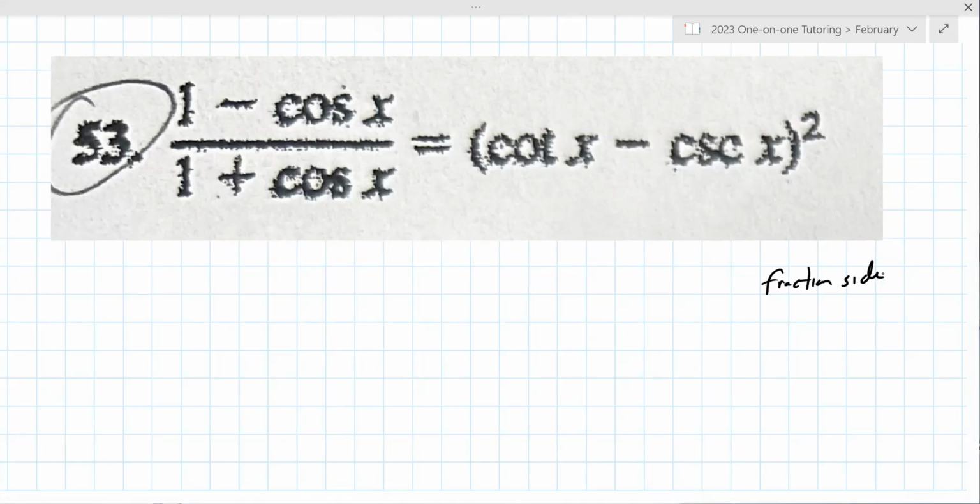What about if they're both fractions? Great question. You tend to work on both of them. This is probably a both problem because they're both reasonably complicated. In problem 52 you could see that the left side was more complicated.